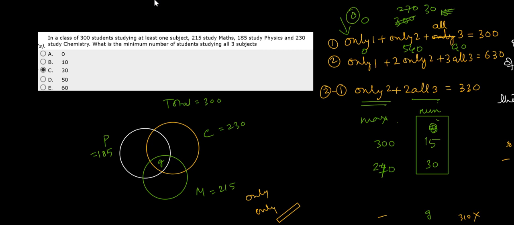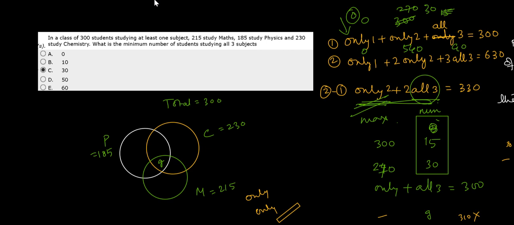So this is the first thing that you'll put. And then you look at this equation, see for what value of all 3 you get the value of only 2, such that only 2 plus all 3 gives you 300.